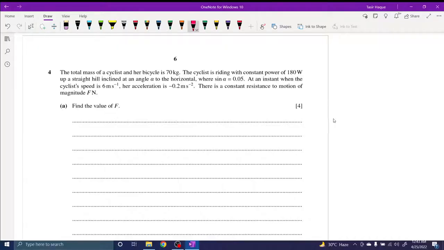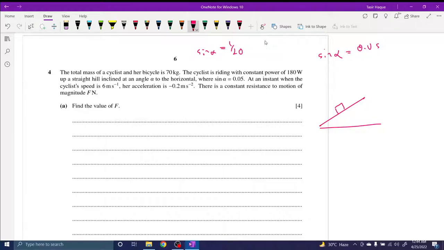Okay, so the cyclist is going up a hill. We know that sine alpha is equal to 0.05. Just press that on your calculator. You're going to get sine alpha is equal to 1 by 20. Okay, so we can actually find out the angle as well. Sine inverse 0.05 is 2.87 degrees, but we don't need that, right?